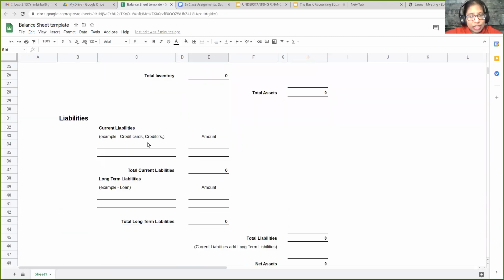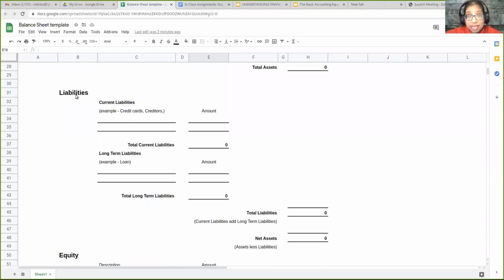All right, now let's look at the second section, which says liabilities. Now again, remember that liabilities is broken down into two categories. We have current liabilities and long-term liabilities. Long-term liabilities would be what the business owes for a longer period of time, for example, a mortgage that the business has, and current liabilities would be what the business owes that is due within 1 year, more short term in nature.